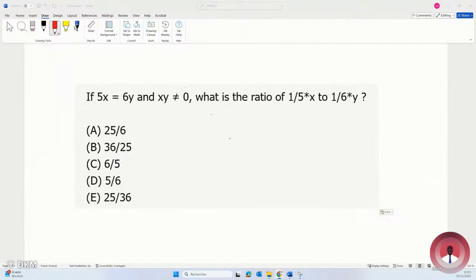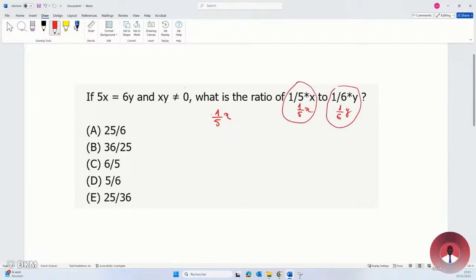This ratio here simply means that we have 1 over 5x, and this is 1 over 6y. And it's asking what is the ratio of this value to this value.